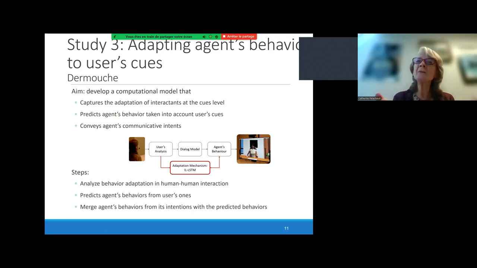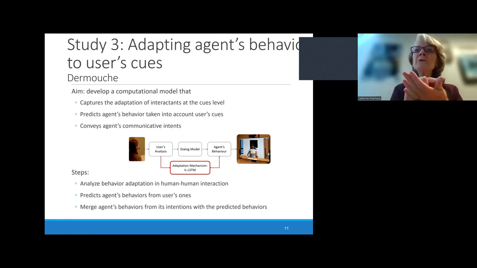The third study is something else. Here it is really at a much lower level, which is looking at how to find an adaptive loop between users' analysis behaviors and the agent's behaviors. It's a bit like what we've done for the laughter, except here it's using a machine learning approach, while before it was done on the fly and there was no learning at all.